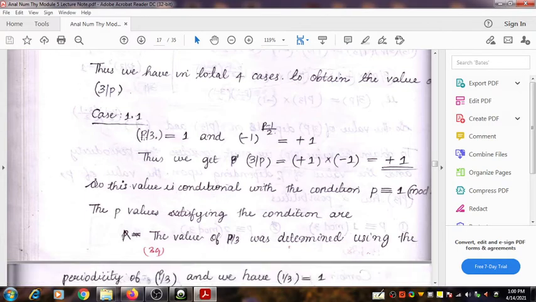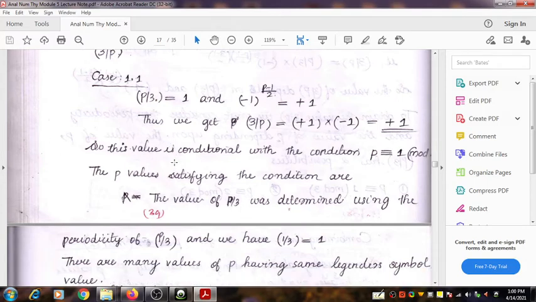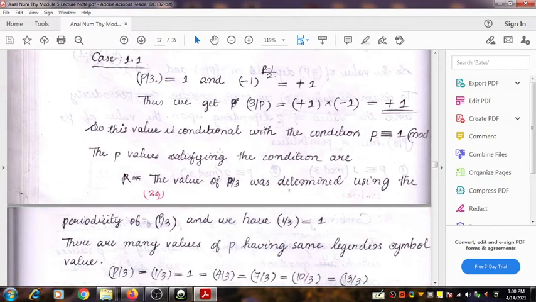In case 1.1, we take (p/3) equal to plus 1 and (-1)^((p-1)/2) equal to plus 1, and then the product is equal to plus 1. So in that situation, (3/p) equals plus 1.